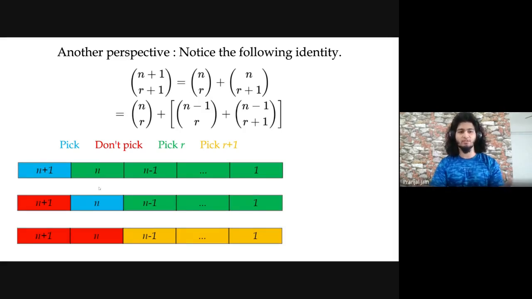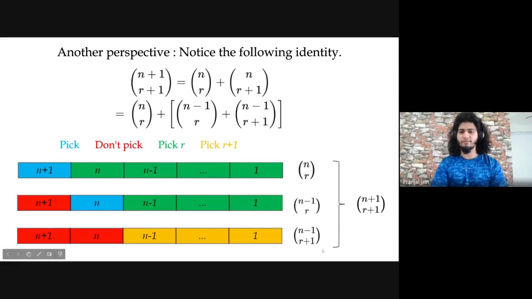So if you don't pick n plus one, you can either pick n or you can't pick n. And that's what I've done. So you pick n and you take r from the green ones, or you don't pick n plus one and n, and you pick r plus one from these. And if you count the number of ways there are to do this, you get this exact identity. So if you add all of these ways, you get n plus one choose r plus one.